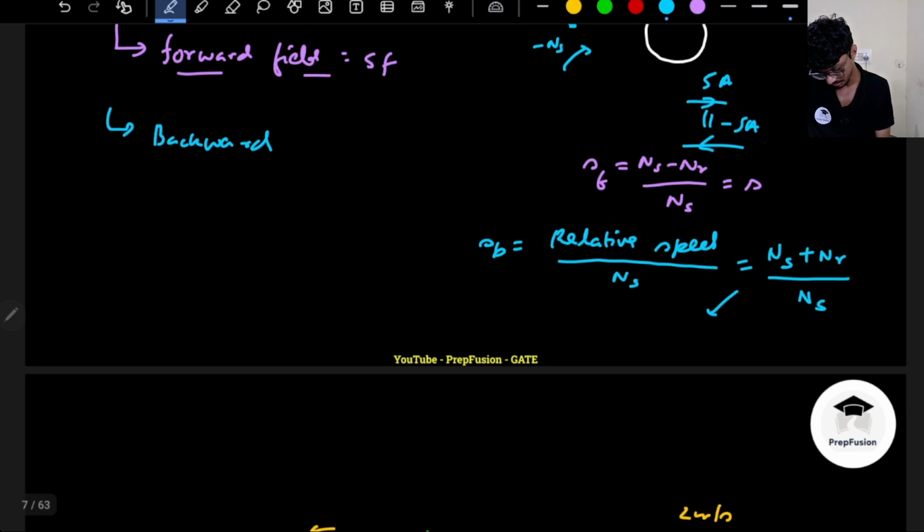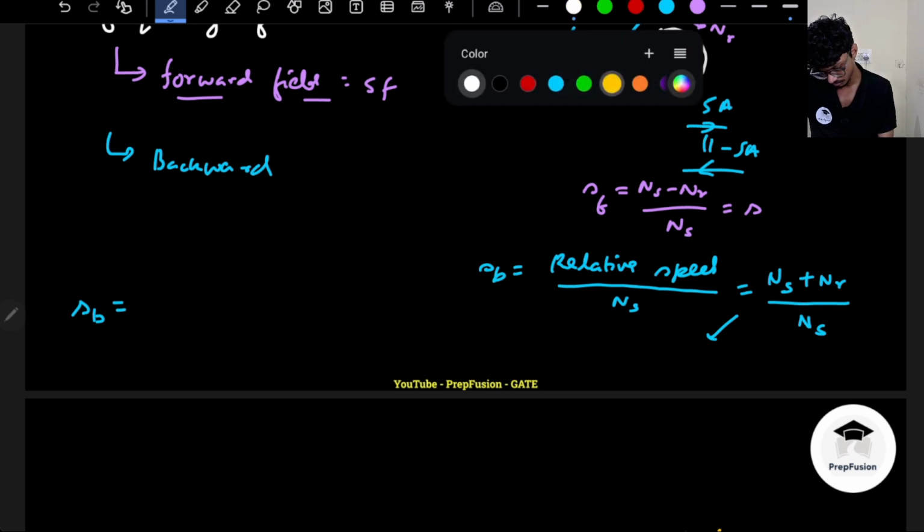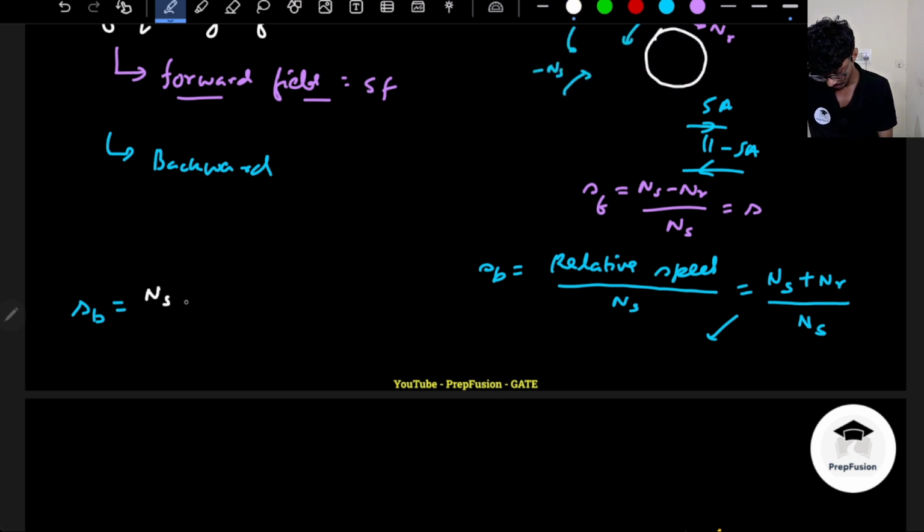Let me rewrite this. SB will be equal to ns plus ns minus ns plus nr, divided by ns.